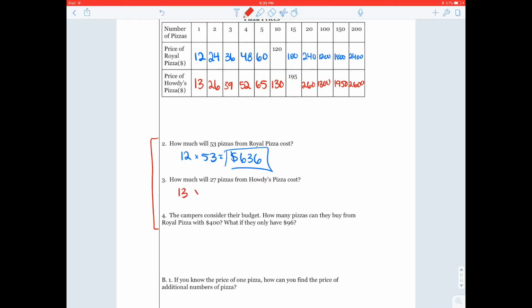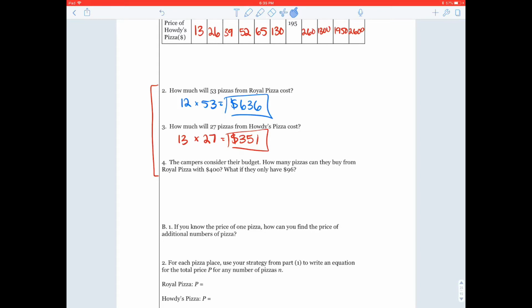So our price per pizza is $13, and we're just going to multiply that by the number of pizzas. So 13 times 27 is equal to 351. So we have $351 here.